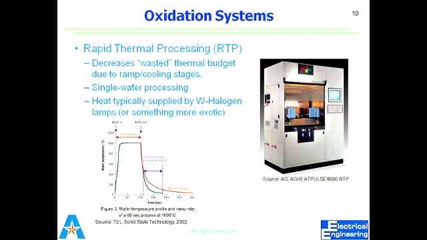As the name tells, it's actually a fast ramp process. Fast ramp means that generally if we put the wafer in a furnace, maybe a vertical furnace or a horizontal furnace, the temperature of the wafer increases by 10 degrees centigrade in 1 minute, approximately.